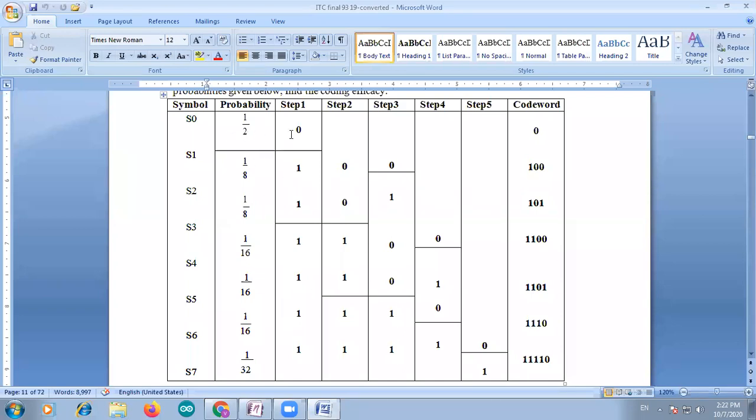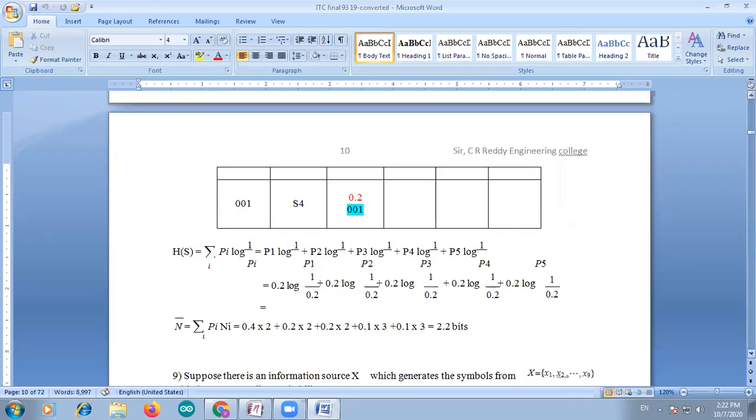That means the first symbol is assigned 0. The remaining symbols, 1 by 8, 1 by 8, 1 by 16, 1 by 16, 1 by 16 and 1 by 32, are assigned 1.